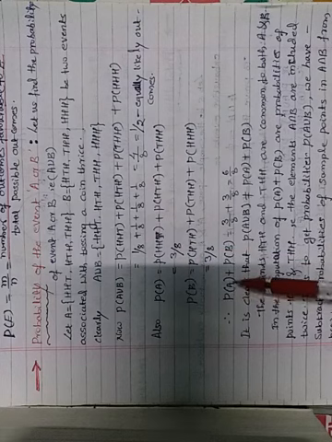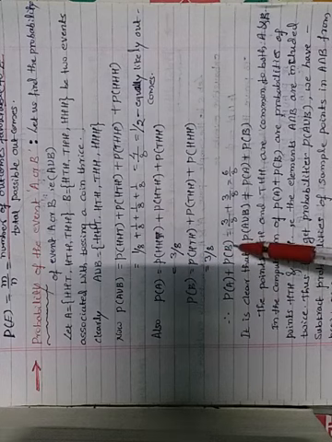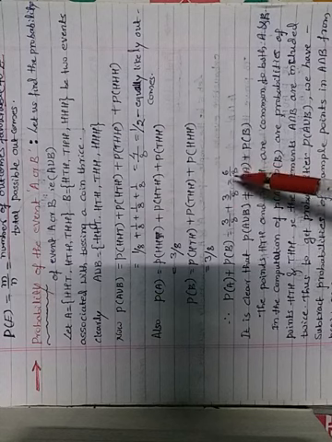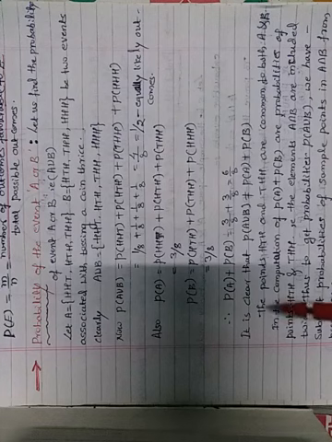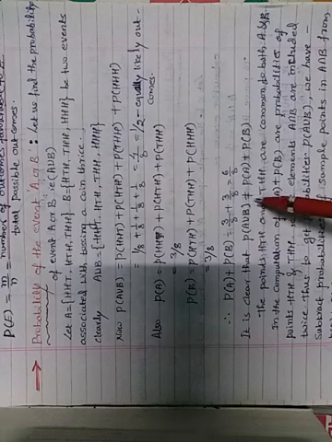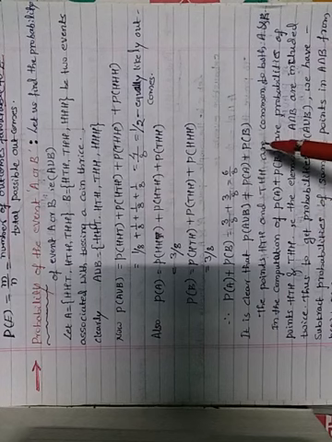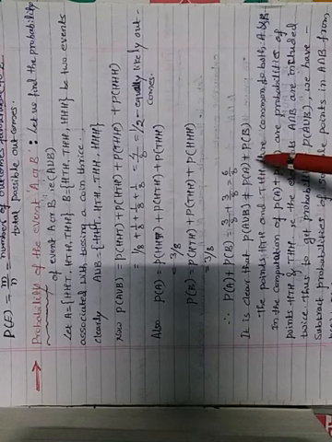By adding, probability of A plus probability of B equals 3 by 8 plus 3 by 8, which gives 6 by 8. It is clear that probability of A union B is not equal to probability of A plus probability of B. Already we have studied earlier regarding this.